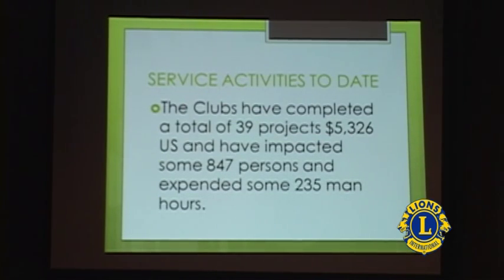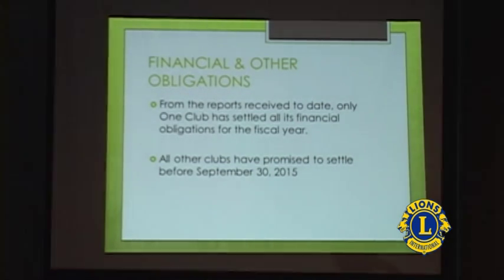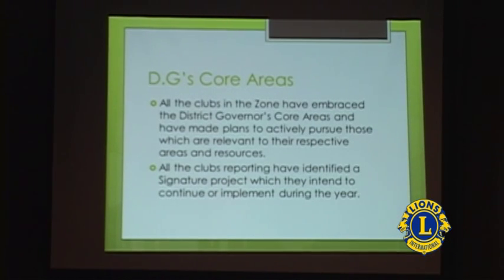All the clubs in the zone have embraced the district governor's core areas and have made plans to actively pursue those which are relevant to their respective areas and resources. All the clubs reporting have identified a signature project which they intend to continue or implement during the year.